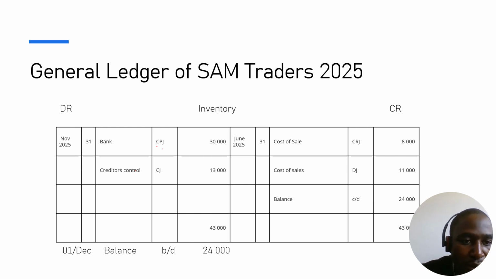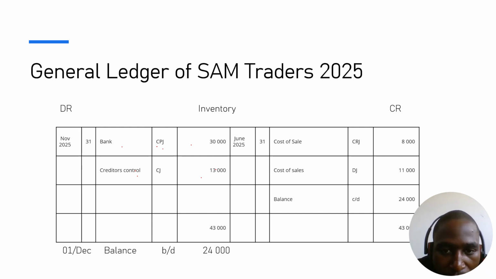So this amount is from the CPJ. It is 30,000 from the CPJ. It is the inventory that we have purchased cash. And this amount is the inventory from the creditors journal. It is the inventory that we have purchased on credit, so it is increasing our inventory.